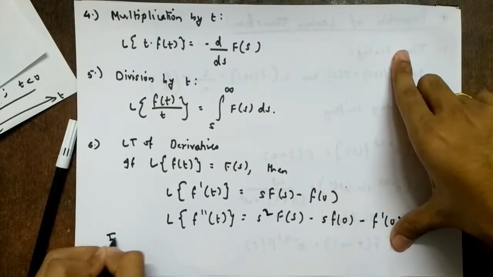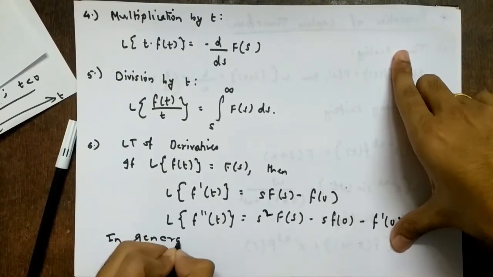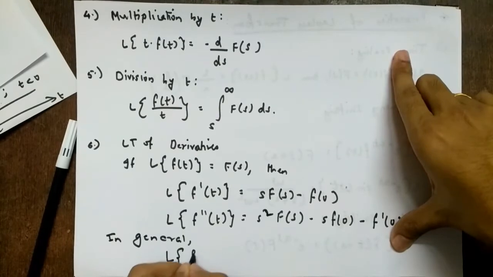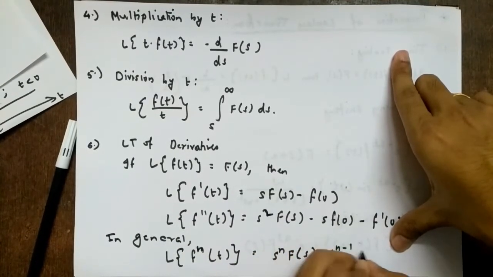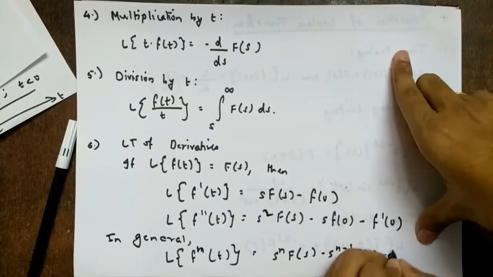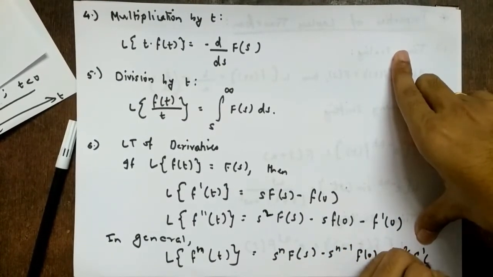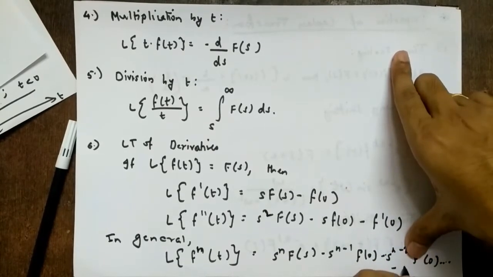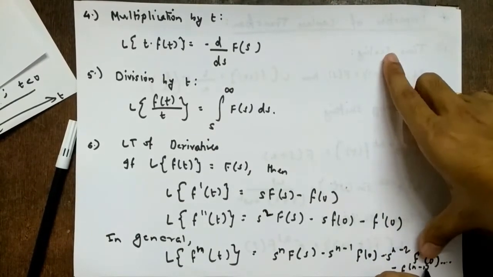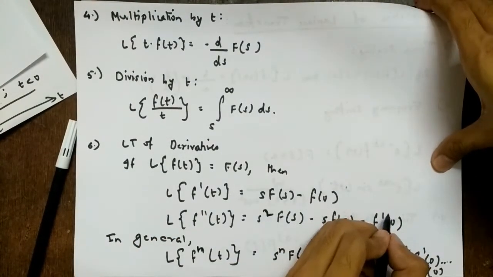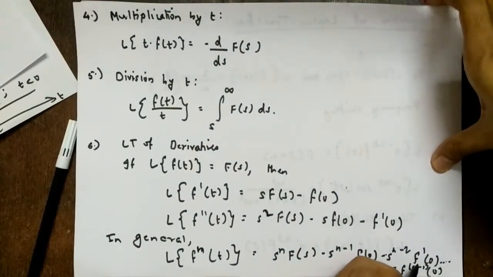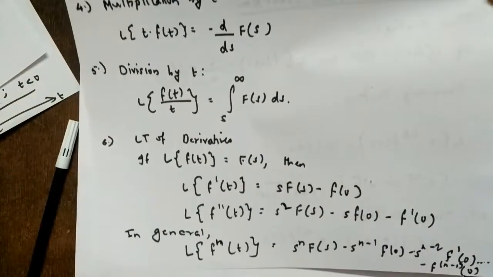In general, the Laplace transform of f n of t, where n indicates the number of dashes, will be s raised to n F of s minus s raised to n minus 1 f of 0 minus s raised to n minus 2 f dash of 0, and so on, minus f of n minus 1 of 0. So if there are 2 dashes here, there is 1 dash here. If there are n dashes here, there should be n minus 1 dashes here. That's how you can generalize it.